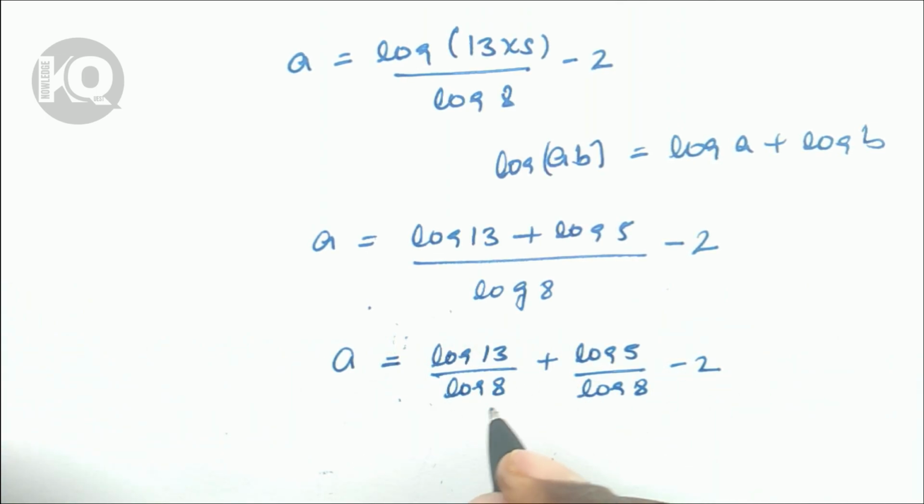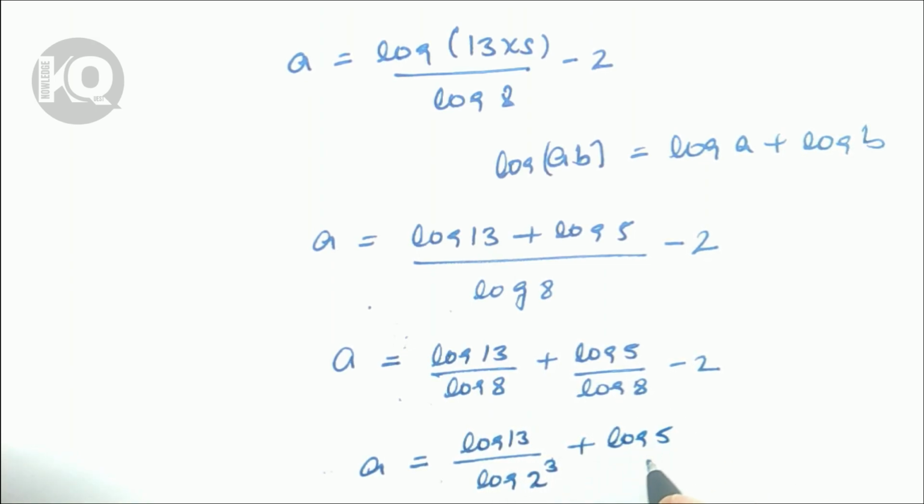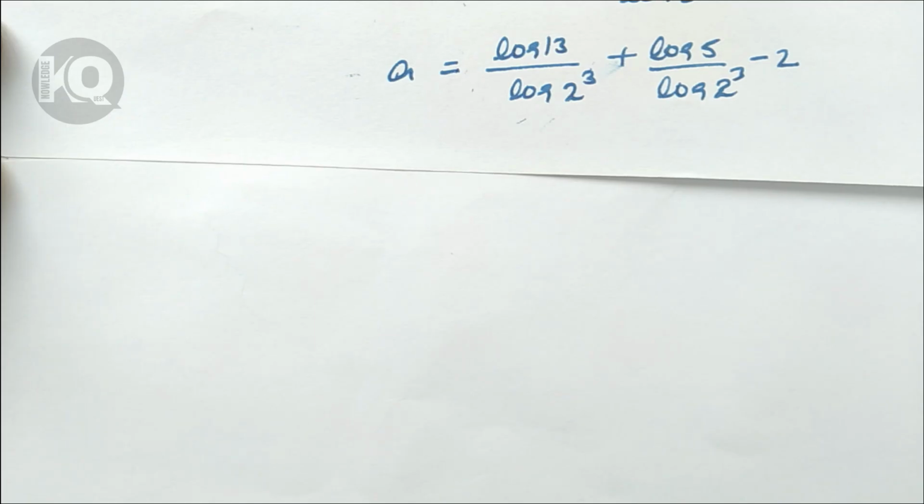Now let's expand number 8, which is 2 to the power of 3. So x is equal to log of 13 divided by log of 2 to the power of 3, plus log of 5 divided by log of 2 to the power of 3, minus 2.